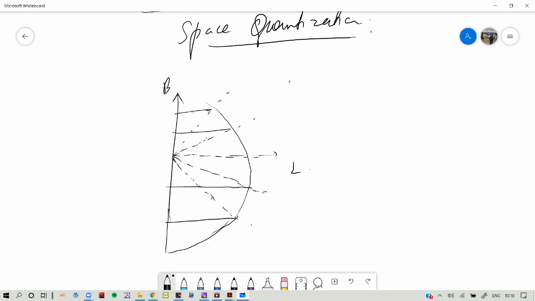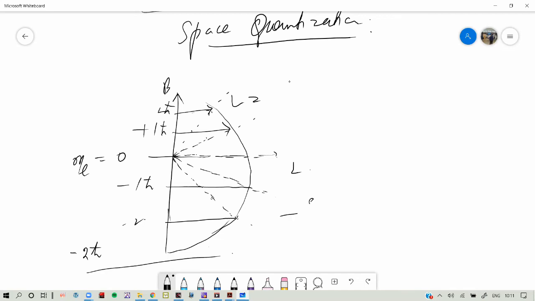Suppose this is 0 for ml equal to 0, this is ml equal to minus 1, and this is plus 1, plus 2, this is minus 2 here. So this is the Lz vector. This becomes minus 2 h cut, this becomes minus 1 h cut, this becomes 0, this is 1 h cut, 2 h cut. These are the values of Lz, and this is called the space quantization.